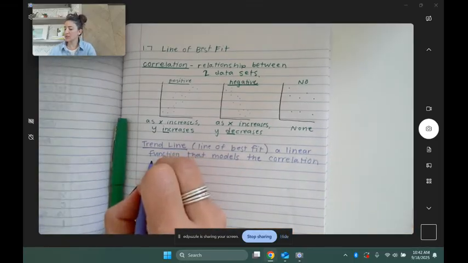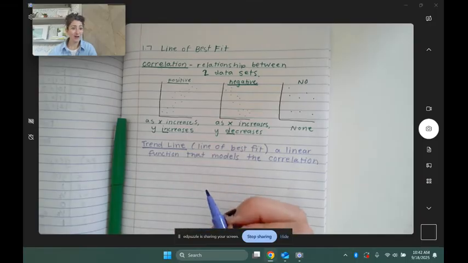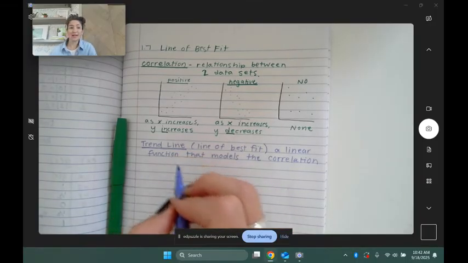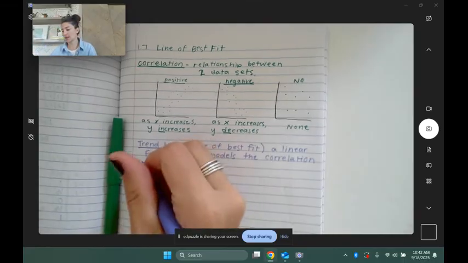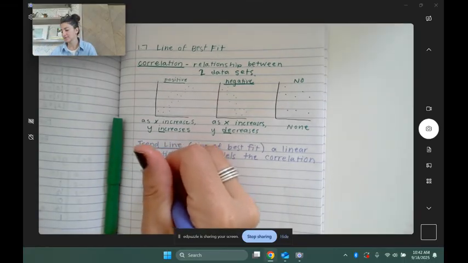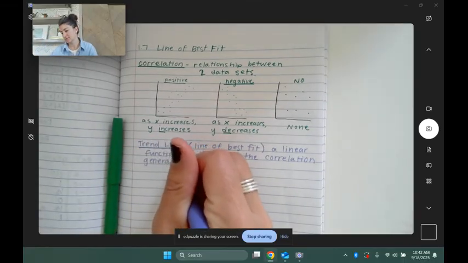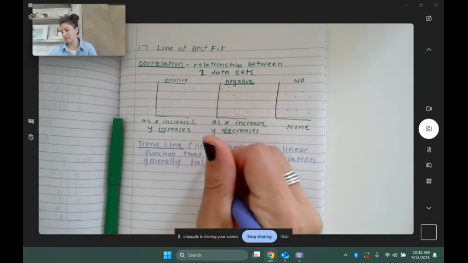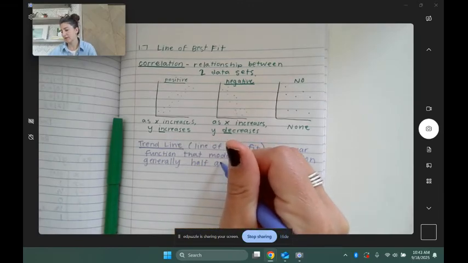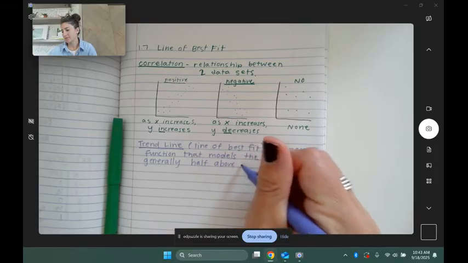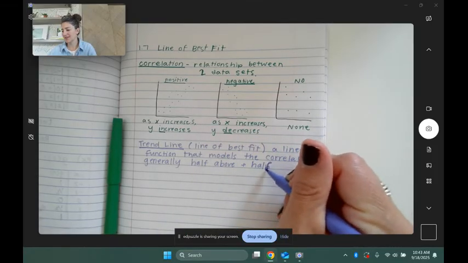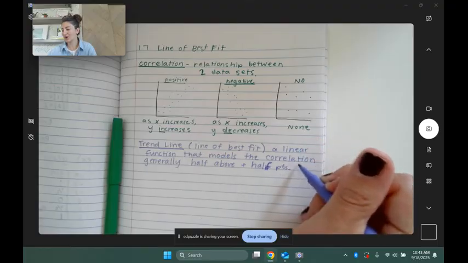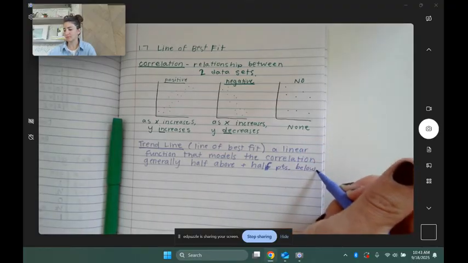Generally, half of the points are above and half are below. No point has to be on this trend line.